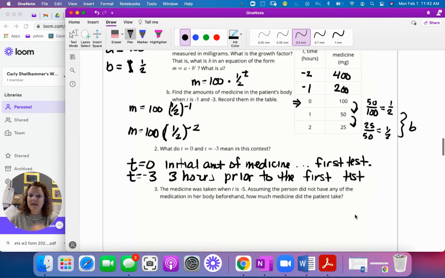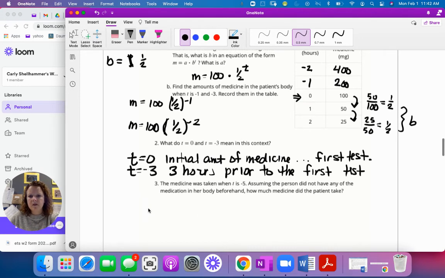The medicine was taken when t equals -5. Assuming the person did not have any of the medication in her body beforehand, how much of the medicine did the patient take? So we wrote an equation. I can just use the equation. I don't have to do t equals -3, -4, -5. I can just use the equation.